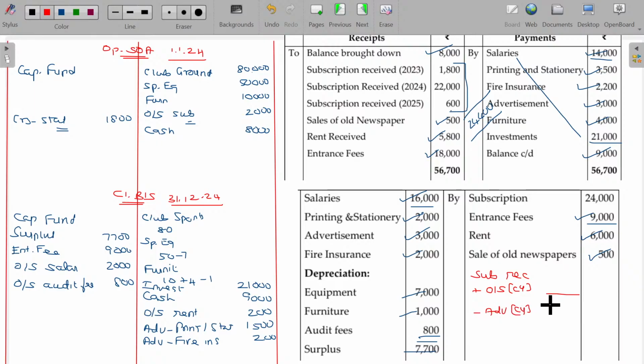If you have, I think we don't have outstanding advance of the current year, so I can eliminate this one. Minus outstanding of the previous year. I introduced one more term here: outstanding of the previous year paid.